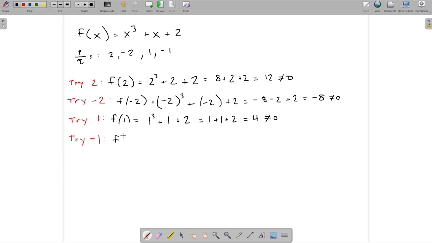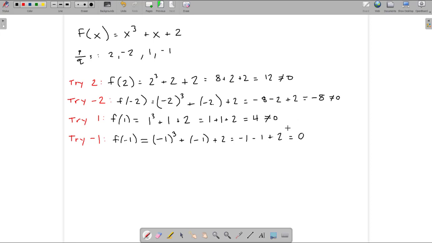So f of negative 1. Negative 1 cubed plus negative 1 plus 2 is going to give me negative 1 minus 1 plus 2. So this one does give me 0.